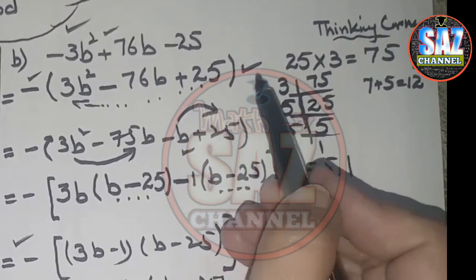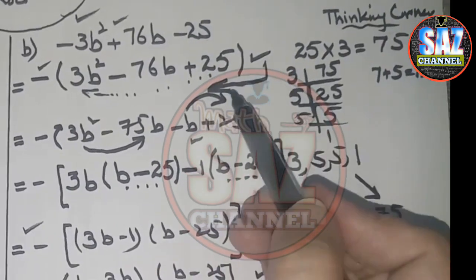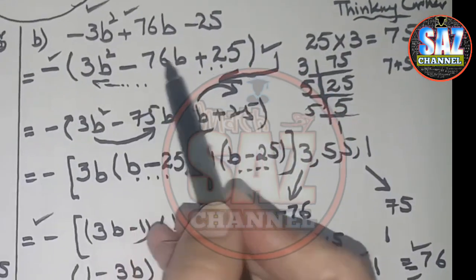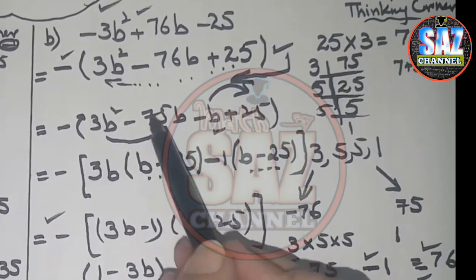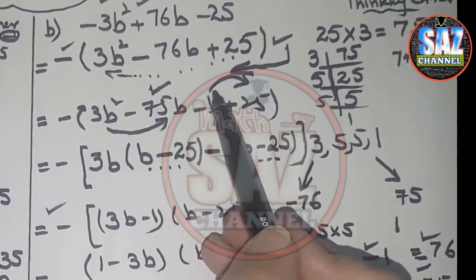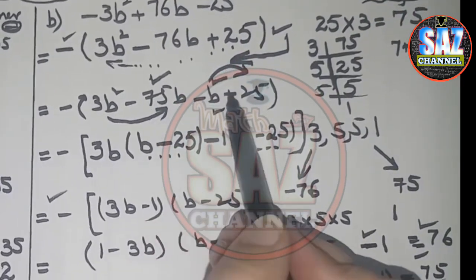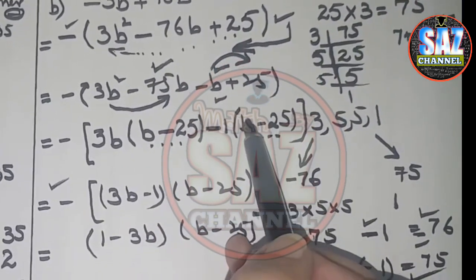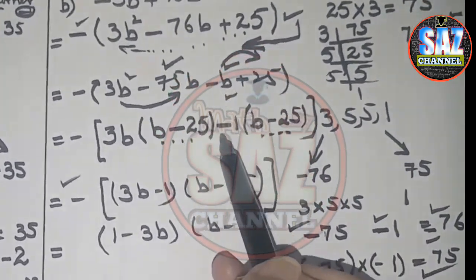Coming to this question, again this step is really important. We can see that the middle term is negative but the product is positive. So when we will be breaking the middle term, both parts or both factors of the middle term must have a minus sign with them, so that the product can give me a positive sign. I hope you will be keeping these points in your mind for better understanding of the next lesson.